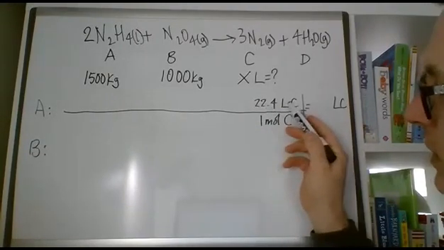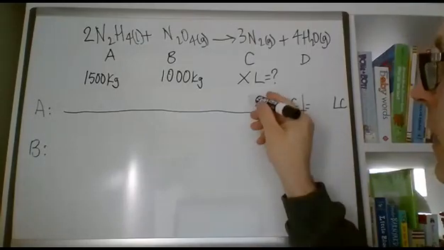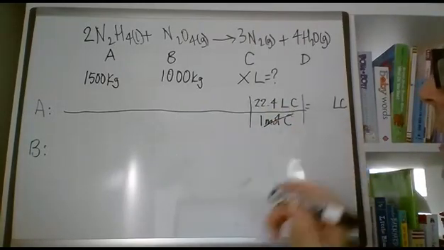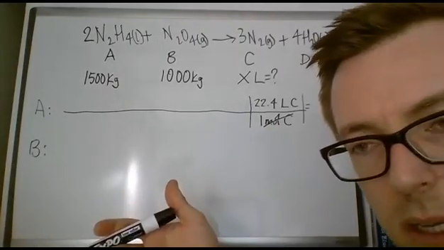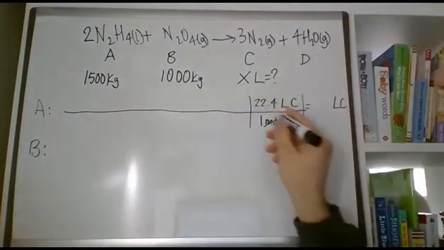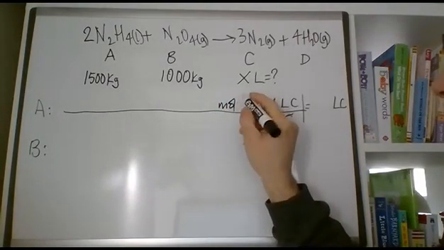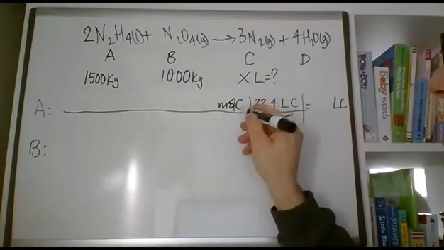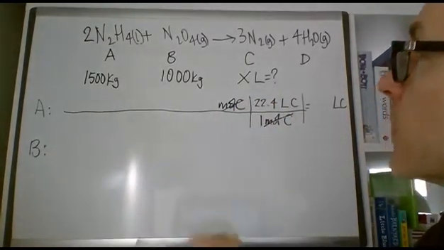So 22.4 liters of chemical C is equal to 1 mole of C. And that's true under standard conditions or STP conditions. And standard temperature is 273 Kelvin, and standard pressure is 1 atmosphere. So we'll assume that's happening here.